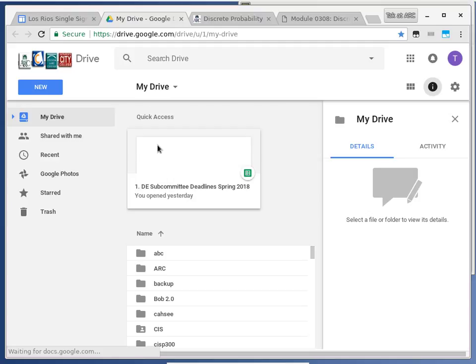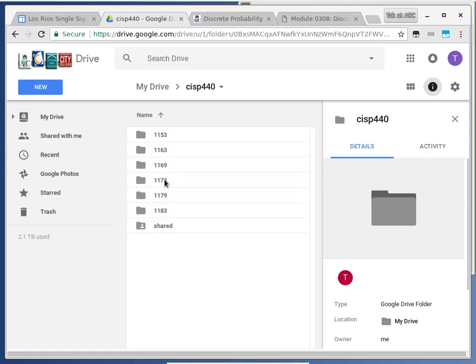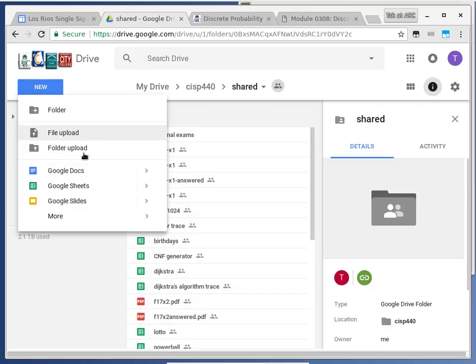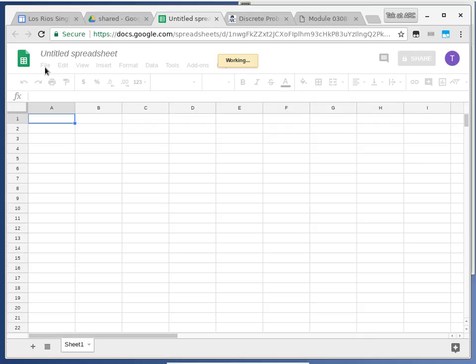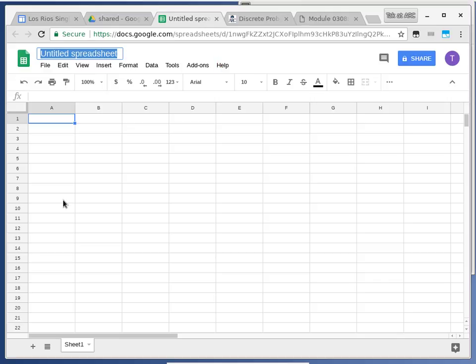When you're actually going to calculate probability, you want to use the closed form and not the brute force method. Using the brute force method, I'm going to go to the cisp440 folder, go to shared, and make an example here so that you can actually see it. So, new spreadsheet. I'll rename it first so that you can see it on your own device if you want to. We'll rename it as coin toss example.